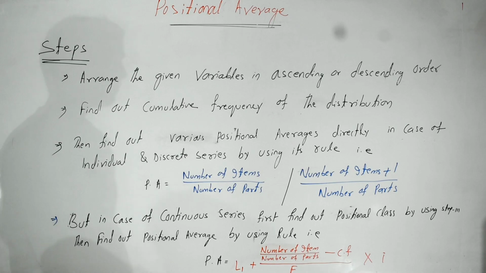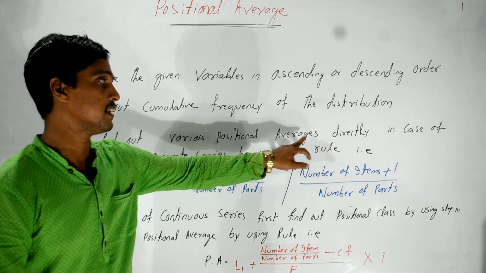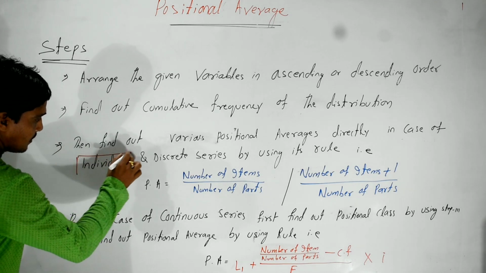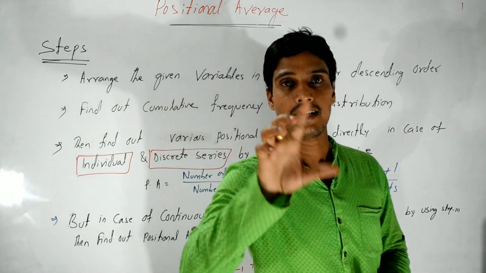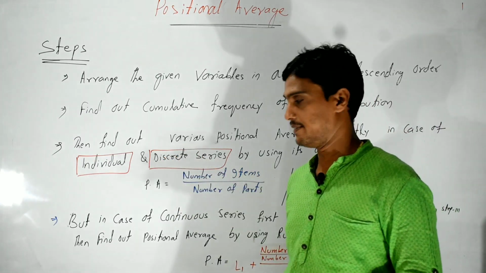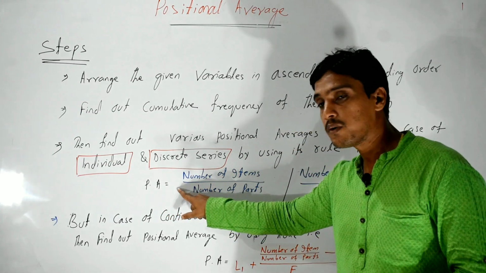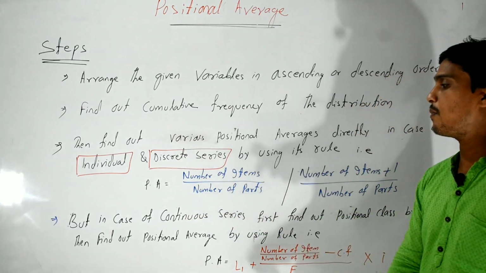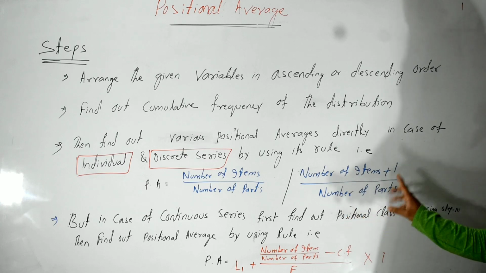Then our third step is to find out various positional averages directly in case of individual and discrete series. That means in case of individual and discrete series, we can find positional averages directly by using its rule, that is positional average equals number of items divided by number of parts, or number of items plus 1 divided by number of parts.